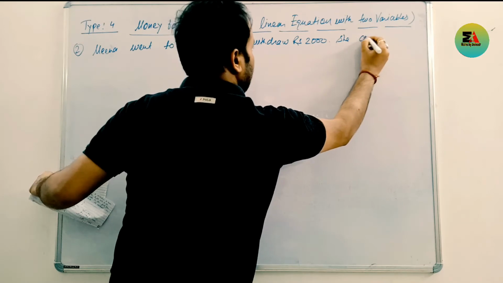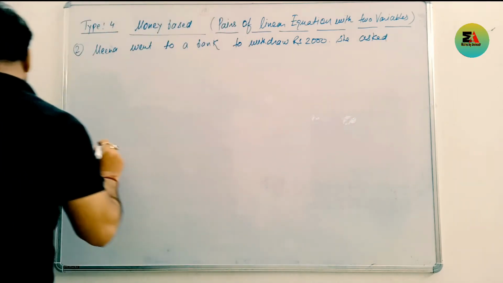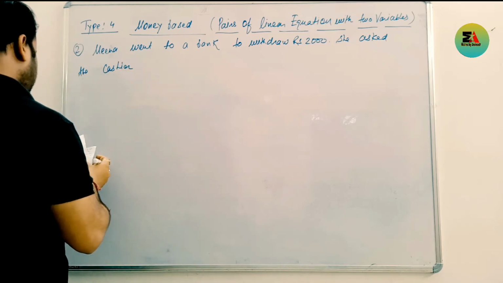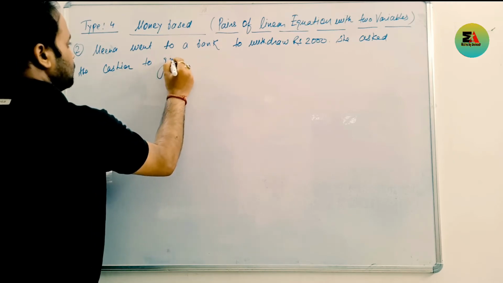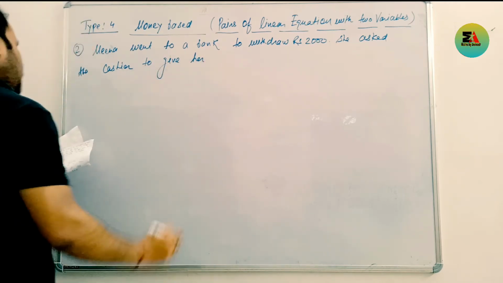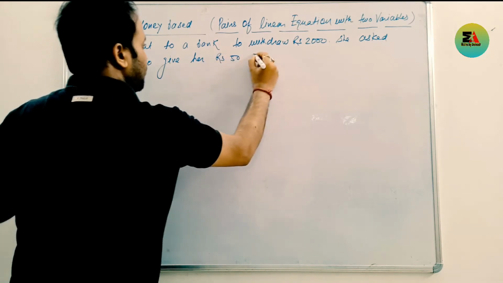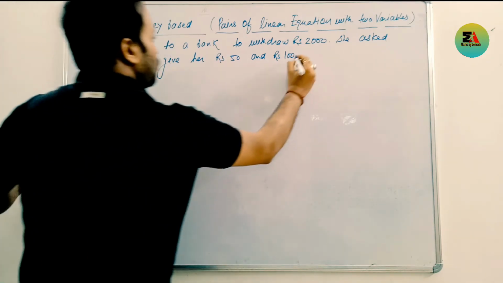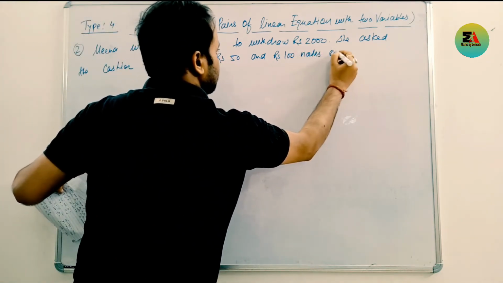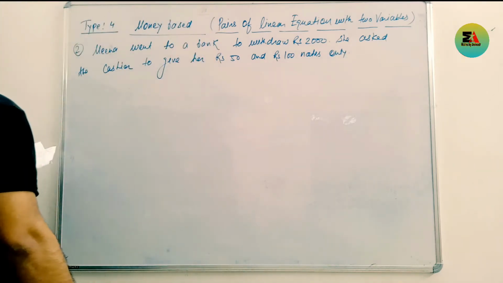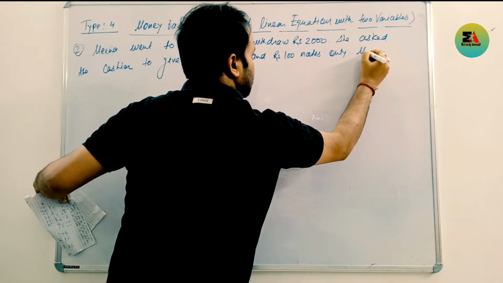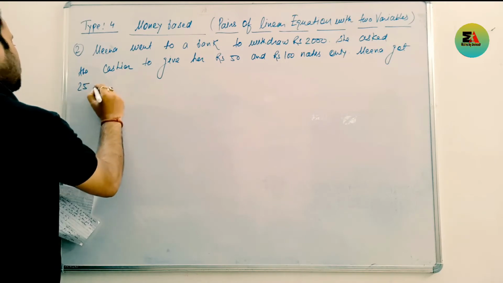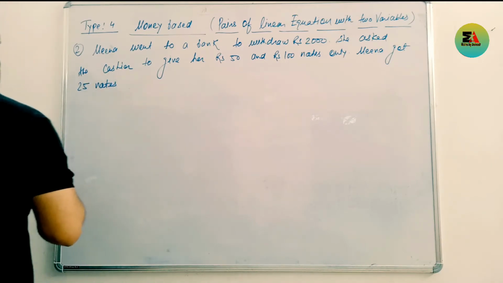She asked the cashier to give her rupees 50 and rupees 100 notes only. Meena got 25 notes in all.